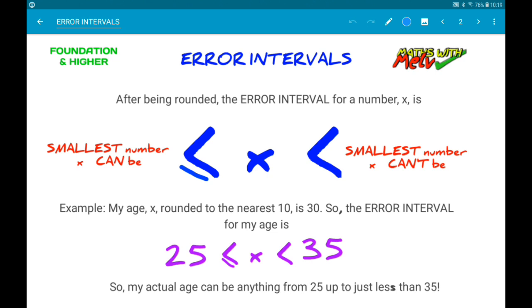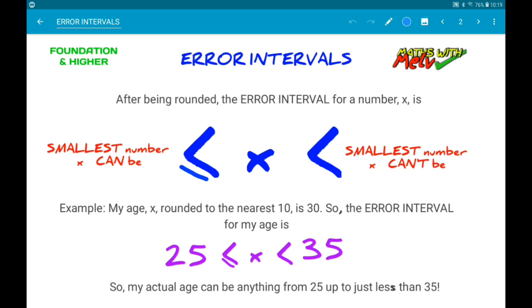The lower bound is the smallest number x could have been before it was rounded, and the upper bound, which is a strict inequality, I'll explain why in a moment, is the smallest number x could not have been before being rounded.